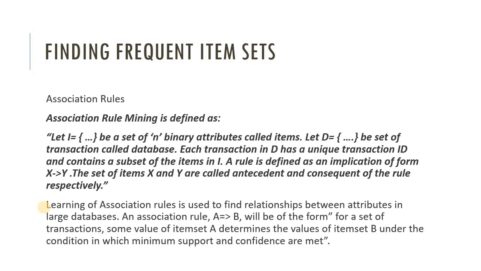Based on that evaluation measure, we are finding the association rules. First we have a simple database. Based on the database, we find the frequent item sets. Based on those frequent item sets, we create the association rules, and that is very important for any market basket analysis application.